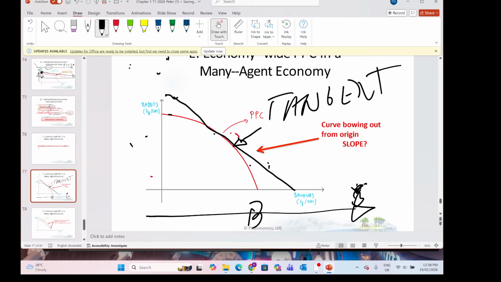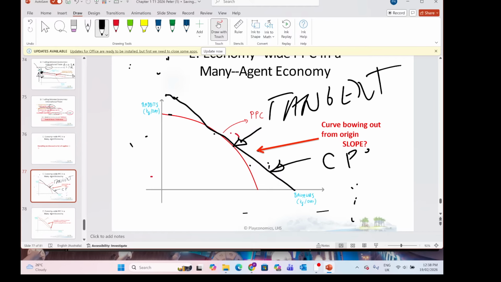And then if we think about the production of bananas, it's the same principle as before. This is our production possibility curve. This line, the black line, that is our consumption possibility curve.